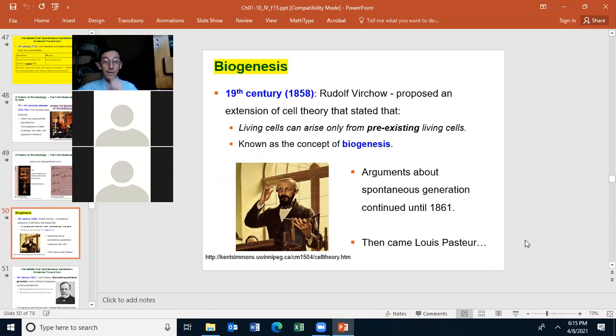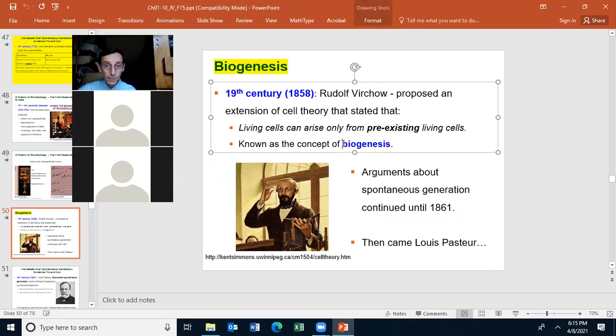All right, let's talk a little bit about biogenesis. That theory was stated and written up by Rudolf Virchow in 1858, but people were beginning to believe in it before he published his writing that all living things come about from something that was already alive, meaning the theory of biogenesis.